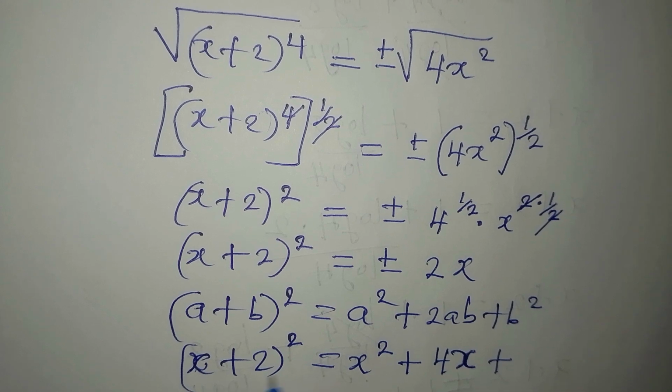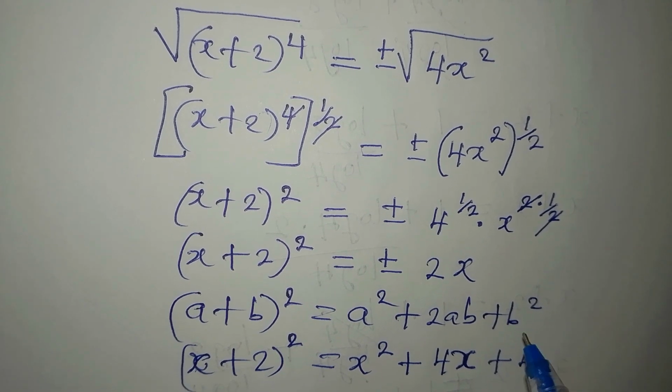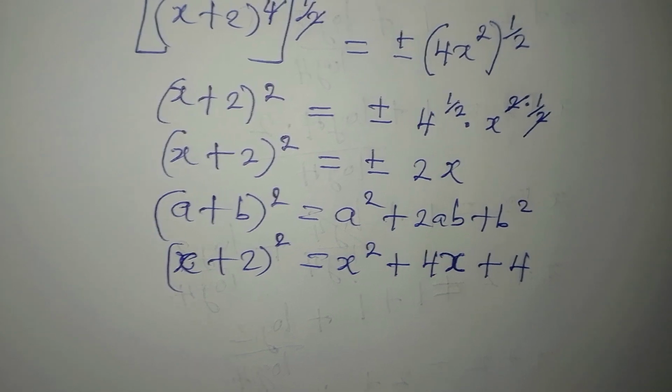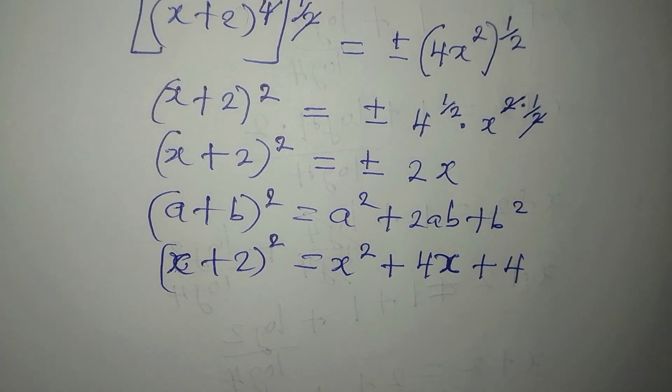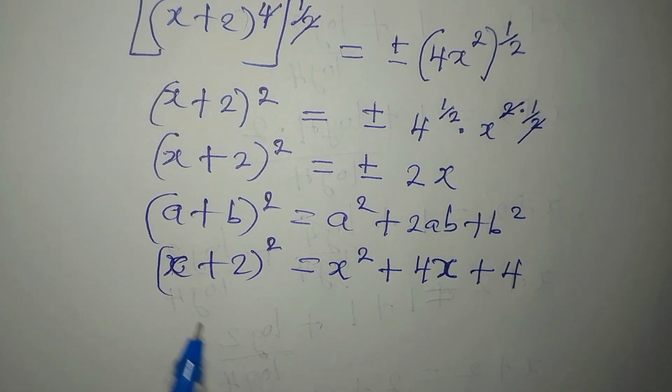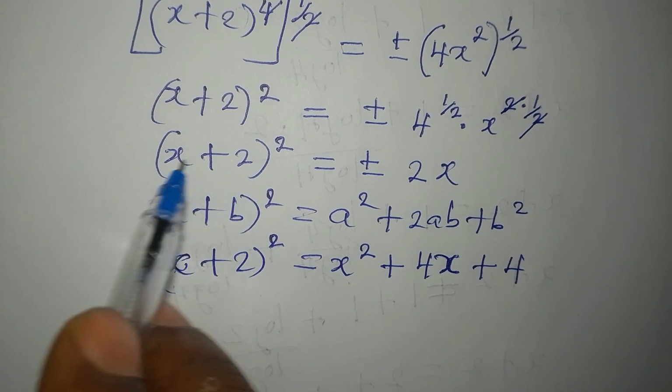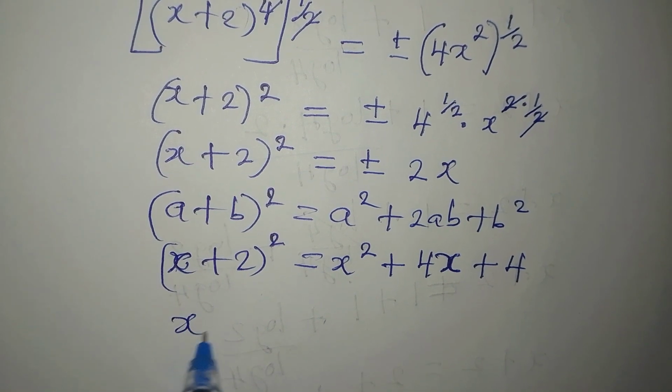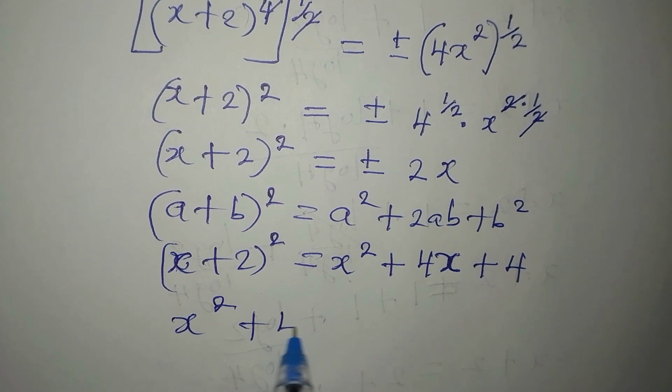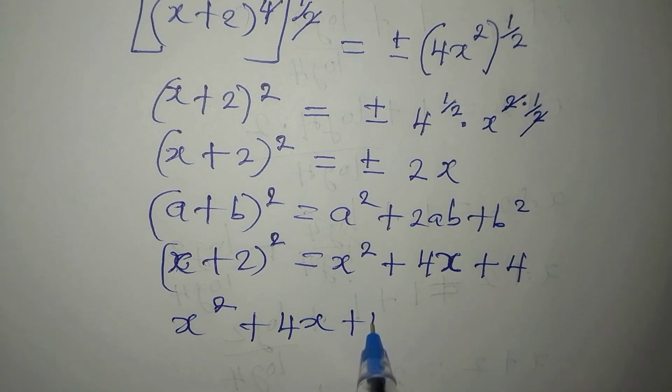Then plus 2^2, that will be 4, because in place of b^2 we're writing 2^2, and 2^2 is equal to 4. Right? So from here now, it means that on the left hand side, the whole of this will be this.